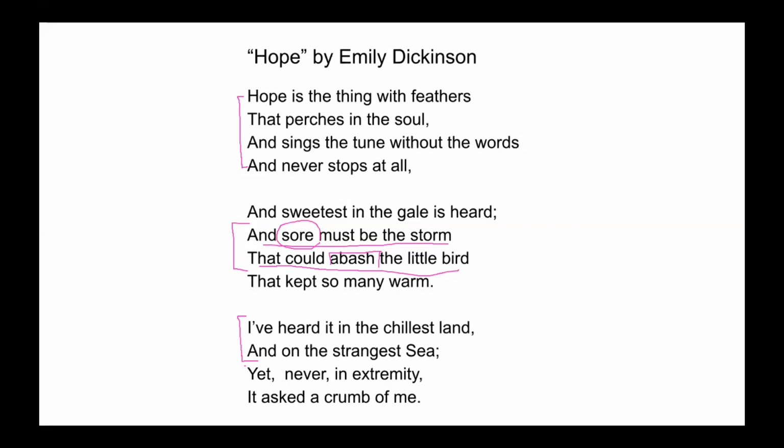And then I see: a constant that perches in the soul. I think that is symbolizing how hope is always inside of you and will help you when you need it. Hope is confidence, and confidence can pull you through. Mine is: the poem Hope by Emily Dickinson is about a bird symbolizing hope, and hope is found anywhere and anytime. Yeah, so I'm seeing a lot of this good stuff.